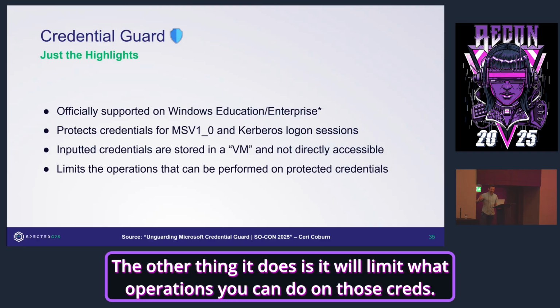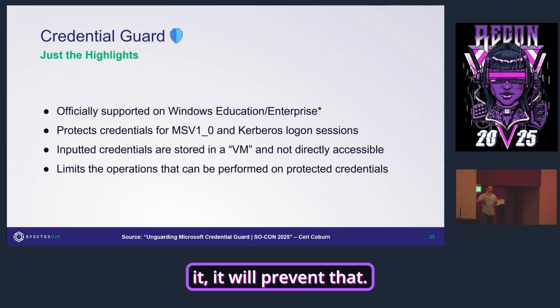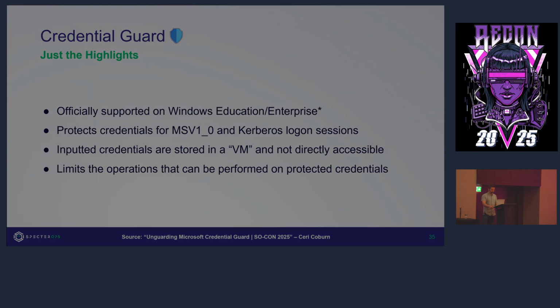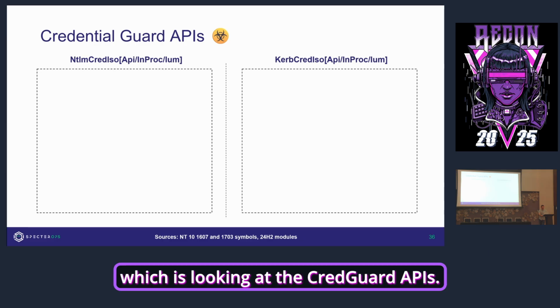The other thing it does is it will limit what operations you can do on those creds. So if there's an operation to take the cred and perform a dumb hash, like an LM hash on it, it will prevent that. If you want to do research into CredGuard, there's one thing that I find highly valuable, which is looking at the CredGuard APIs.